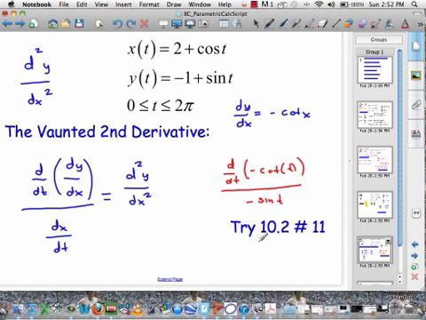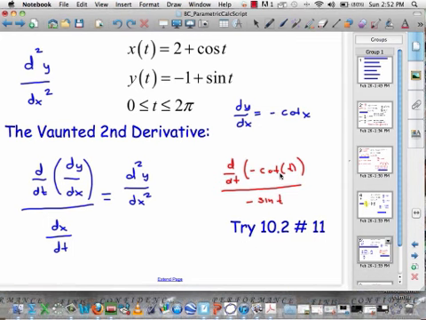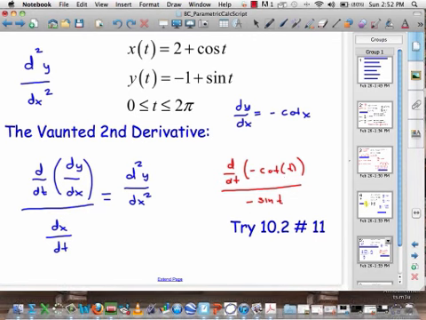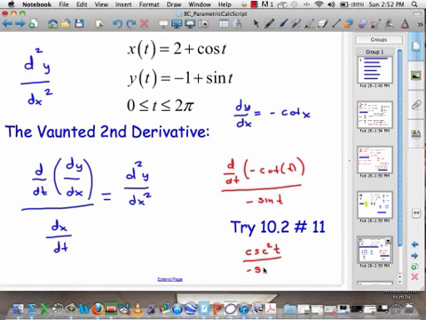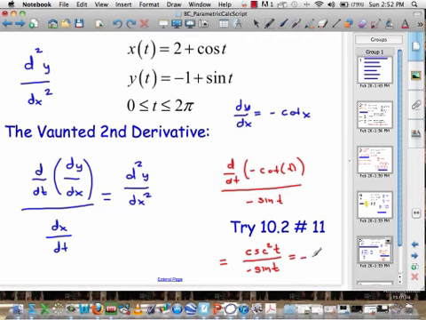The derivative of cotangent t is negative cosecant squared t, so the negatives cancel, and I get cosecant squared t, and divide that by negative sine t, which is fine. It won't be the multiple choice answer because this is another cosecant that can be written at the top, so you could say negative cosecant cubed t.